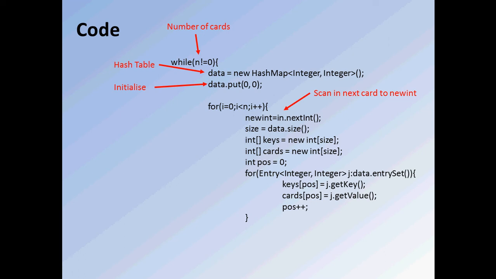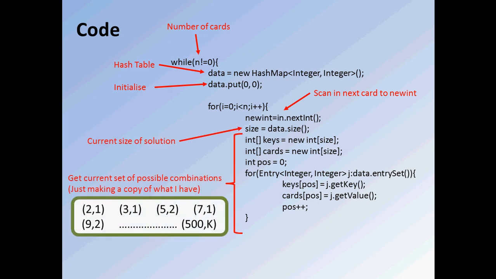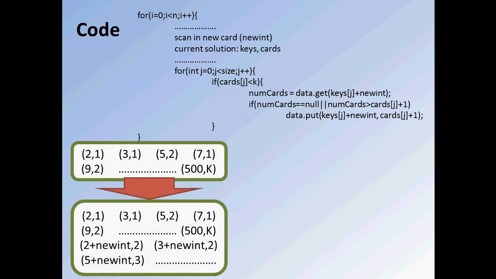First, we have to make a copy of our previous solution so that we do not lose any information, and this is given in the next loop. Here I'm storing each sum into the array keys and each card count into the array cards. Let's remember what we need to do.